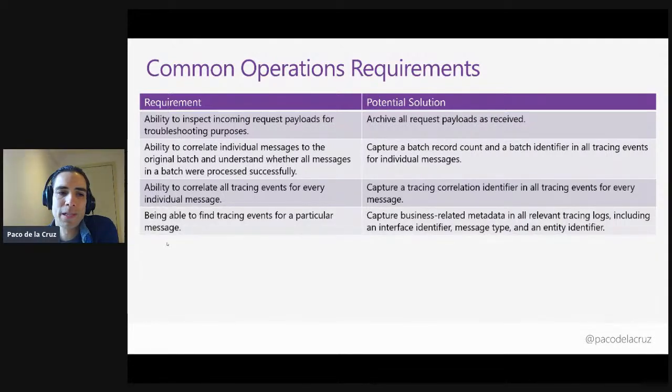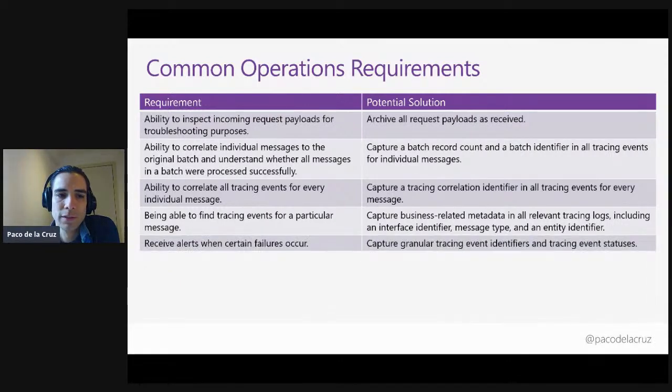The next one is being able to find tracing events for a particular message. For this, let's say we capture business metadata like message type, interface identifier, entity identifier, then we can search and find information about how we're processing this message. The next one is they want to receive alerts when certain failures occur.